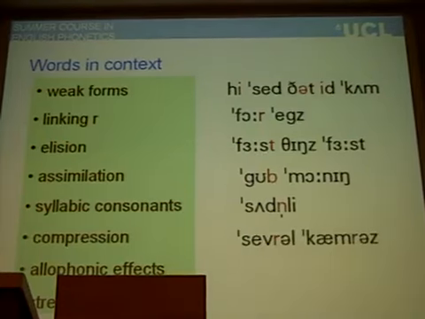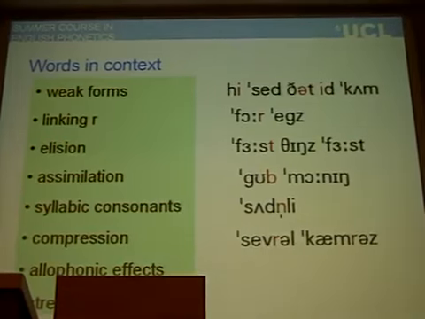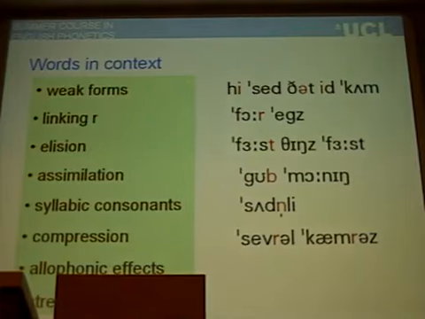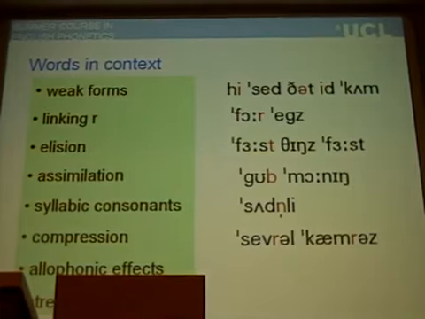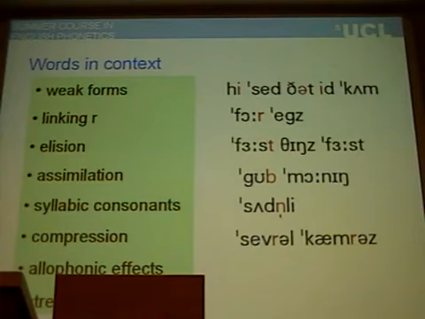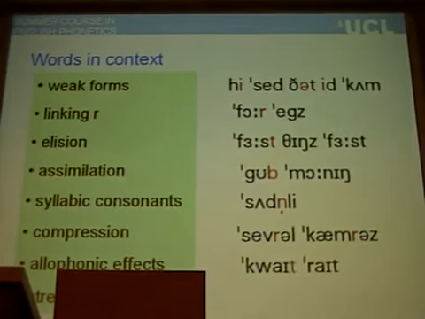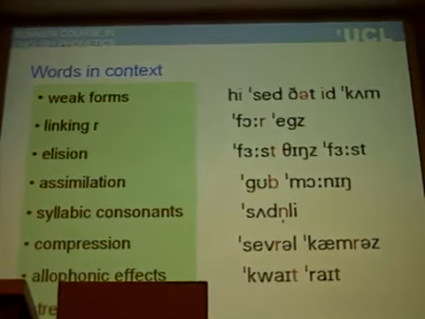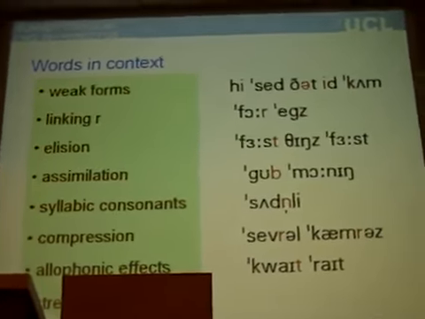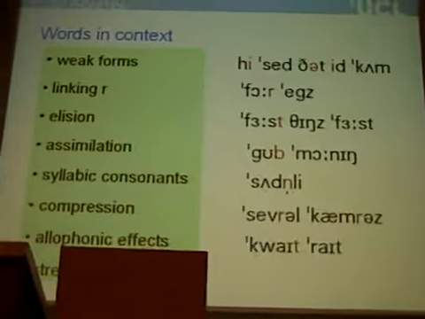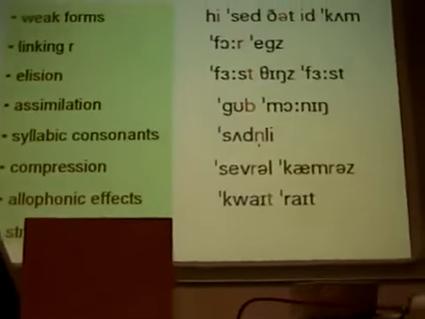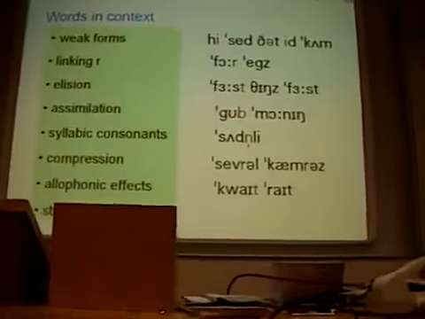We discussed compression, where rather than "several cameras", we tend to say it in a compressed way. We've discussed all sorts of allophonic effects, how sounds are pronounced in particular contexts. And so you know that in the phrase "quite right", there are various options.